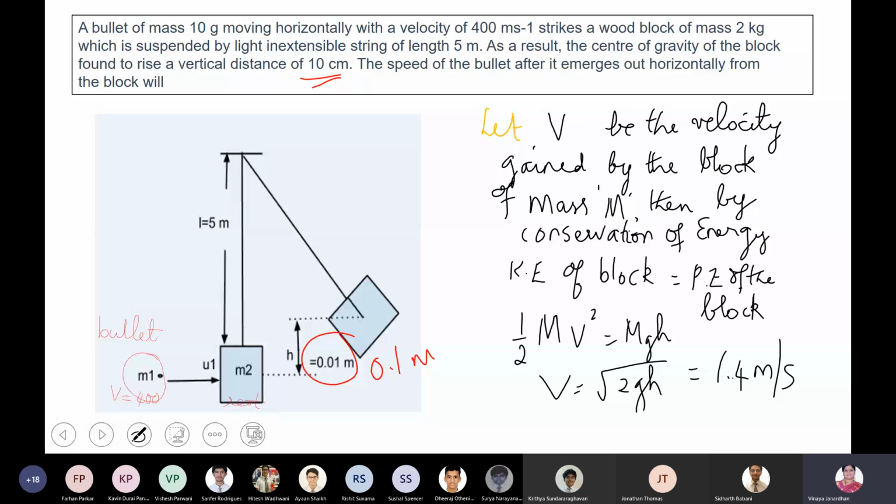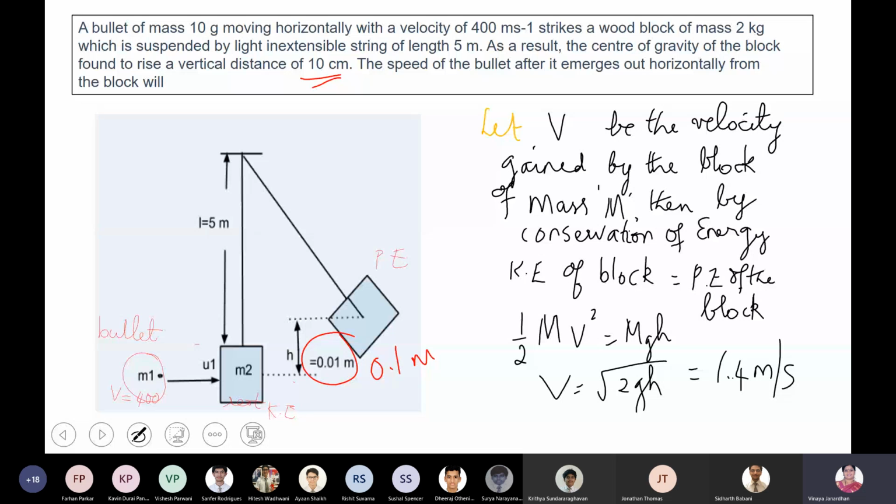The bullet transfers the momentum to the wooden block. The wooden block, which was initially at rest, now moves to a height, right? So when the bullet strikes here, it will gain energy. When it goes up, it will have potential energy.